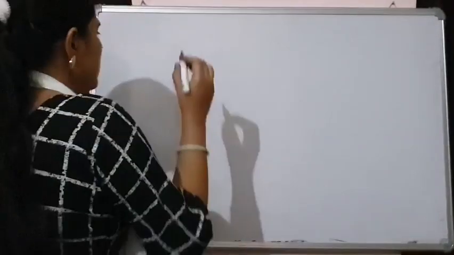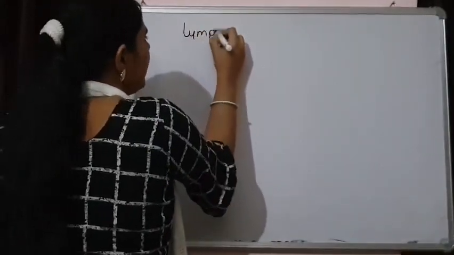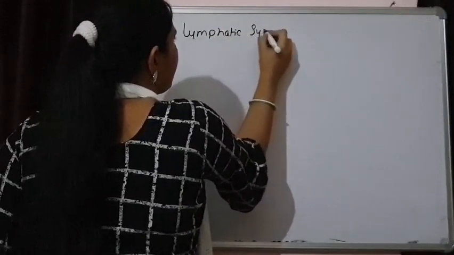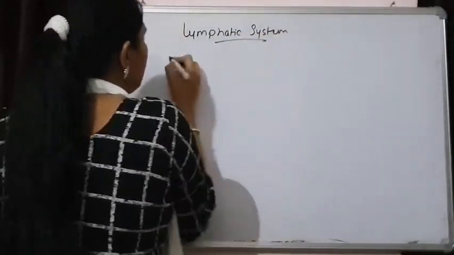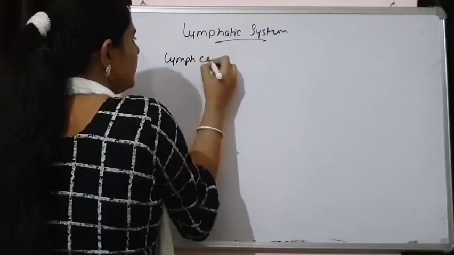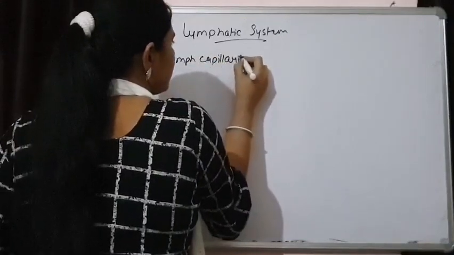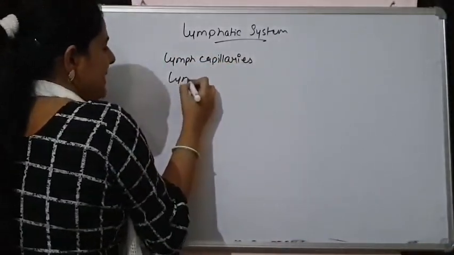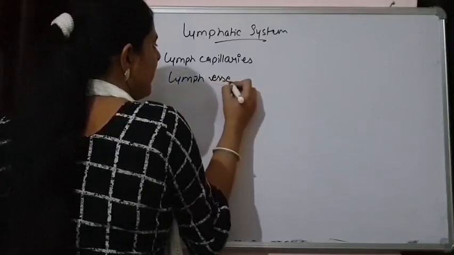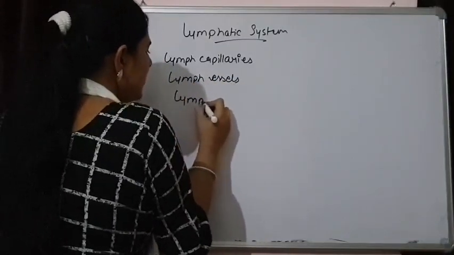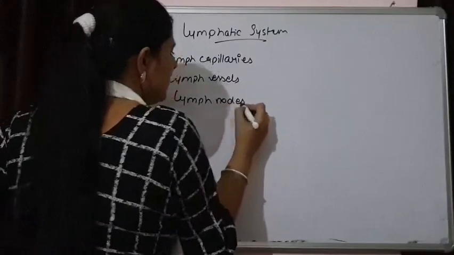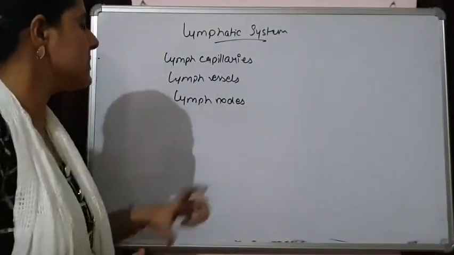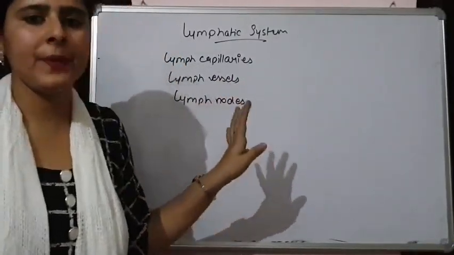Other than this, the lymphatic system has lymph capillaries, lymph vessels, and lymph nodes. This is how the lymphatic system is present.